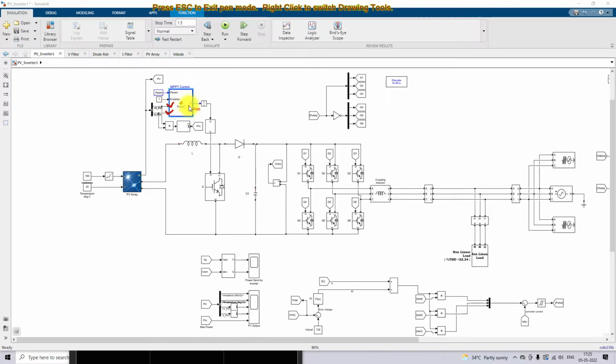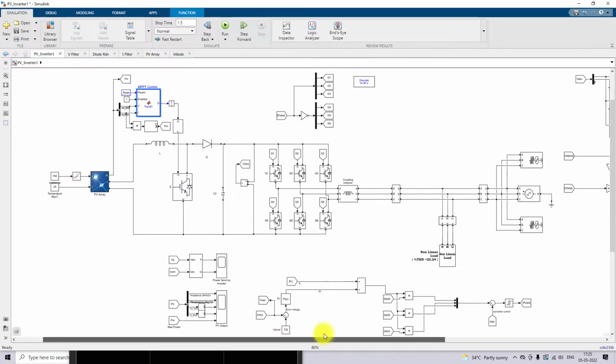The P&O MPPT provides the optimal duty cycle in order to extract the maximum power from the PV panel. This duty cycle is processed via the PWM generator, which controls the IGBT in order to get the maximum power from the PV array.